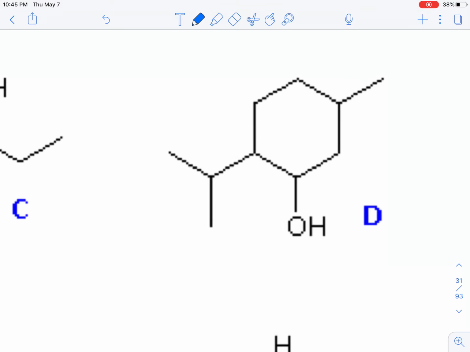I'm going to start off by filling in all invisible hydrogens for each carbon. There are quite a few here, so it's going to take me some time.